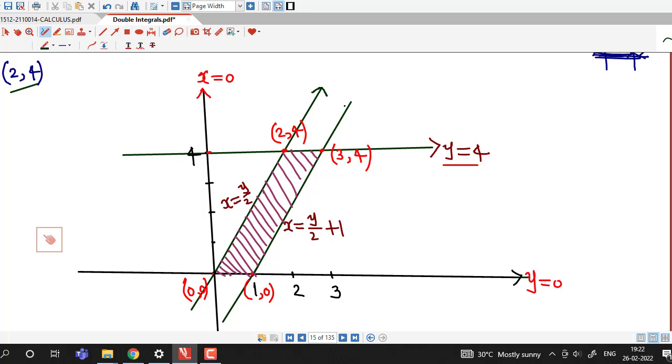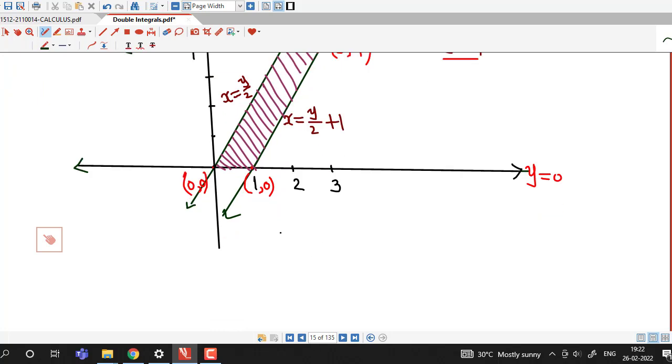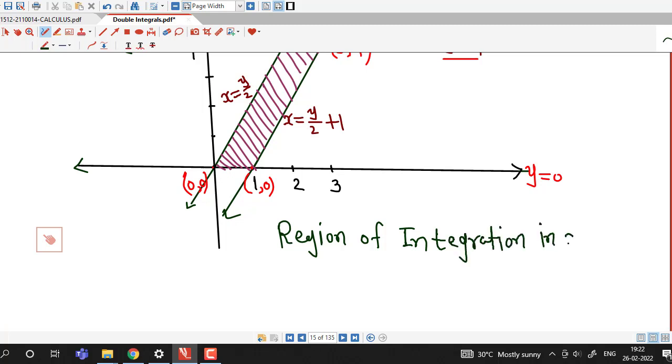We should not just sketch the lines, we should specify that this line is for y equal to 4, this line is for y equal to 0, this is for x equal to y by 2, and this is for x equal to y by 2 plus 1. So this is the region of integration in the original variables x and y, or the region of integration in the xy plane.